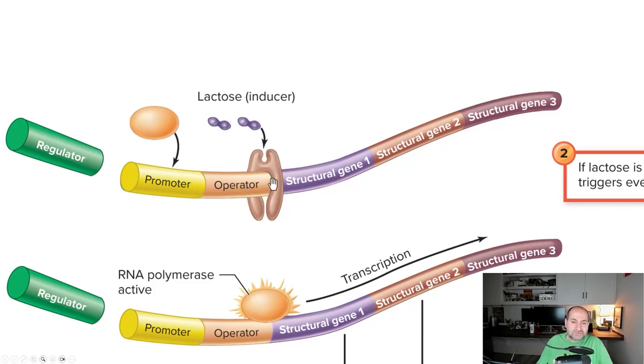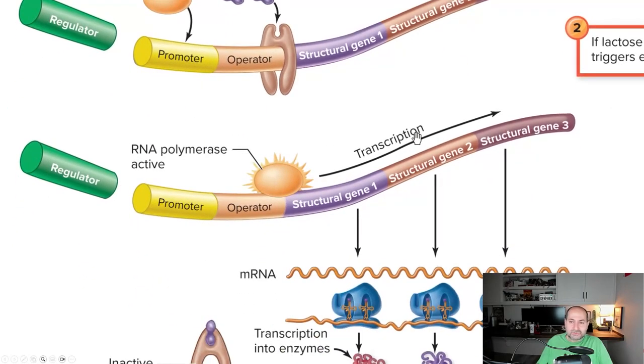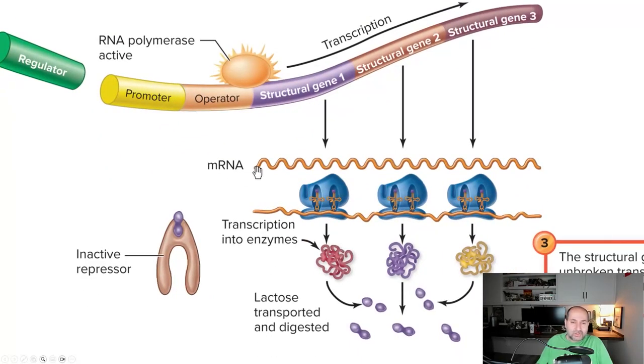Now, let me ask you this. If the repressor leaves because it binds lactose, wouldn't that allow the RNA polymerase to continue down the structural genes and transcribe gene 1, gene 2, and gene 3 as one long mRNA molecule? Well, it will.